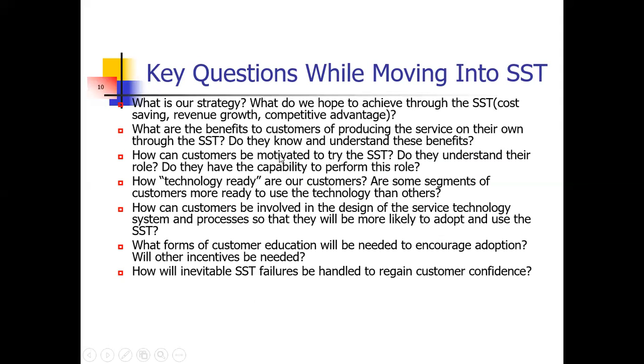Understand there are certain key questions when you go for SST: what is your core strategy, what different kinds of benefits you can provide, and how can customers be motivated to try SST, meaning you must give certain discounts when they are going for self-service technologies. You should be technologically ready in order to deliver the services and so on and so forth.